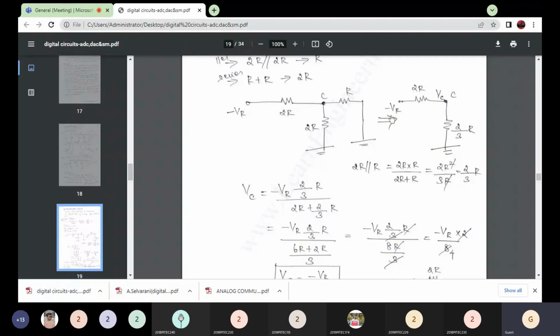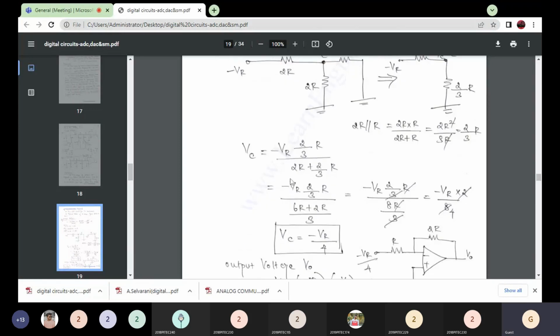So here what is VC? So here we are finding this node voltage, right? So how do we find this node voltage? So VC is minus VR times 2 by 3 R divided by 2R plus 2 by 3 R. Okay. So you simplify that, right?